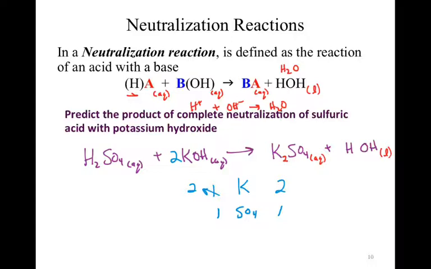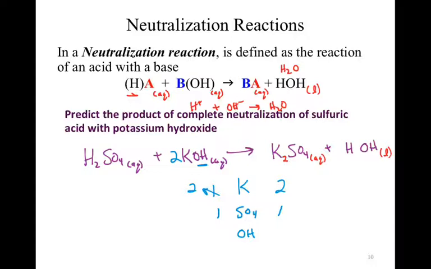I can look at my H. Okay, this gets a little bit tricky on trying to decide where that is, and in fact I'm going to back away and say I'm not going to look at H, I'm going to look at OH. Okay, so I'm looking to balance hydroxide right there. There are 2 hydroxides in that formula.